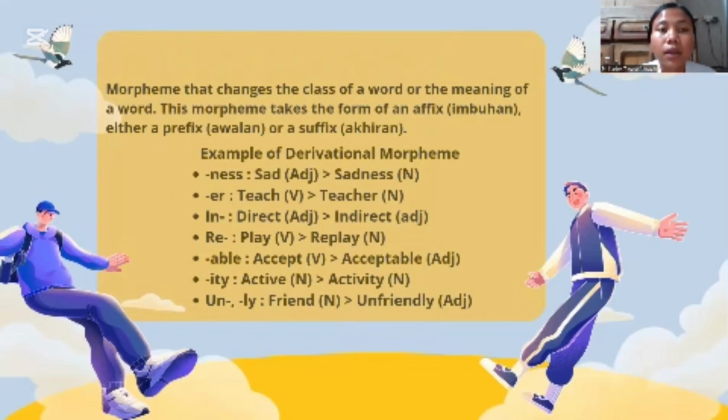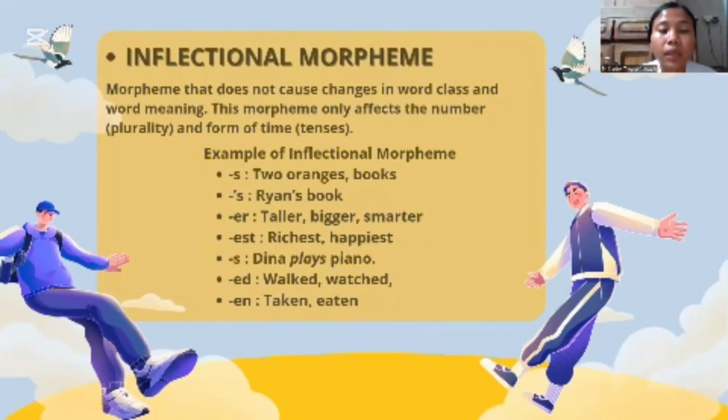And the next is inflectional morpheme. Inflectional morpheme is the morpheme that does not cause change in a word class and word meaning. This morpheme only affects the number, that's plurality, and form of time, that is tenses.